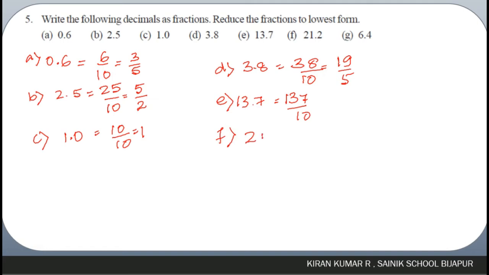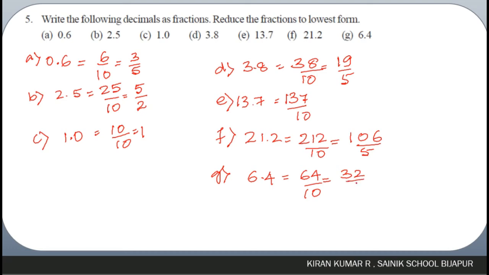F, we have 21.2, which is 212 upon 10. Both are divisible by 2, giving 106 upon 5. And the last one, 6.4, is 64 upon 10, which will be 32 upon 5.